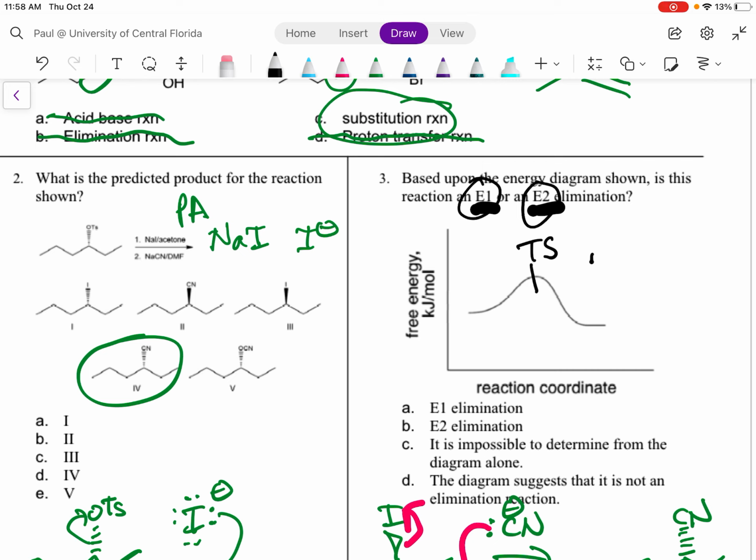With an E1 mechanism, you are going to have two steps, and so that's going to have two transition states. So you would have to have something more like this for an E1 mechanism. So based off of that image right there, we would say that can only be an E2.